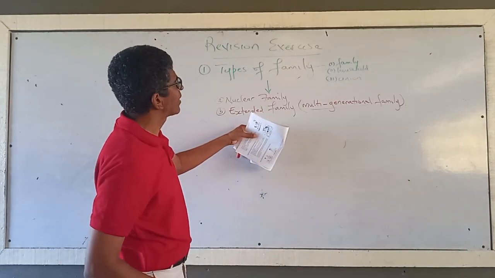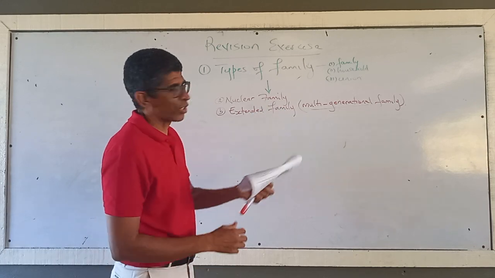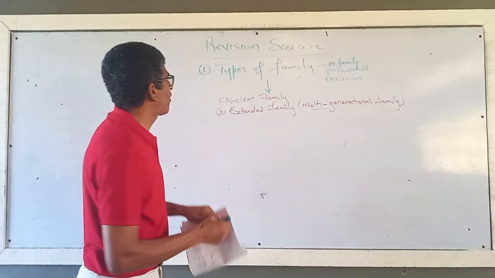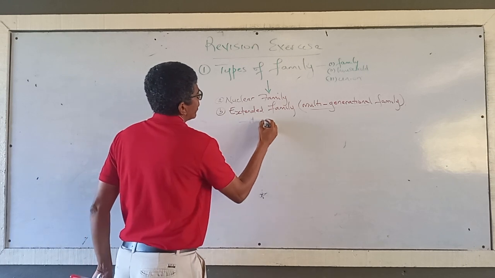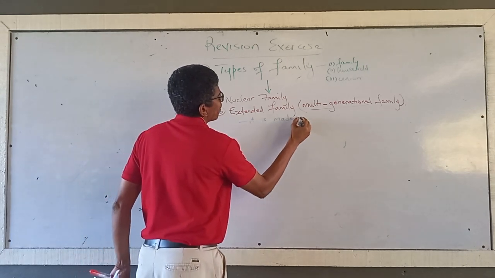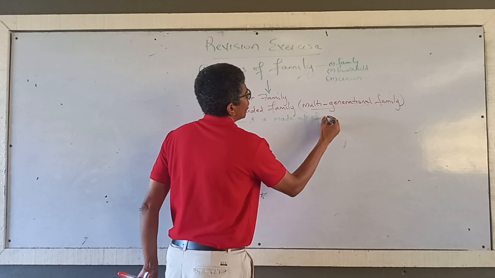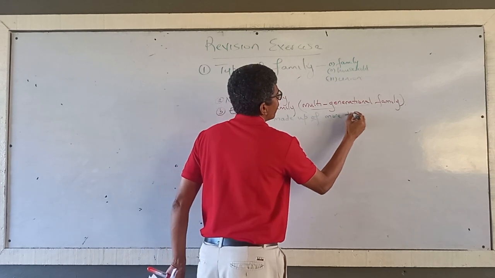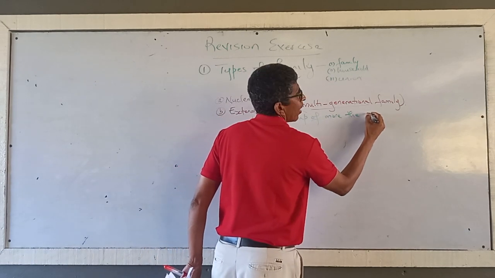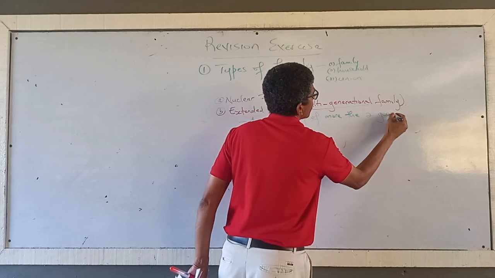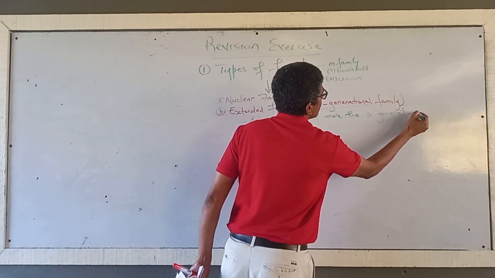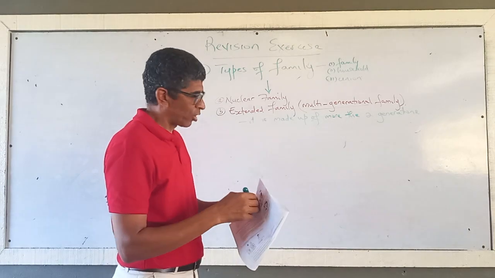So why is this called extended or multi-generational family? It is called that type of family because it is made up of more than 2 generations.